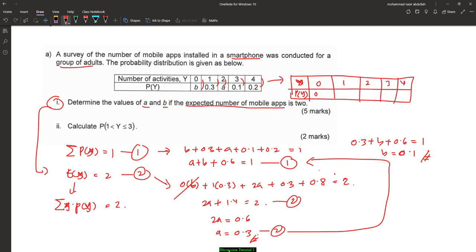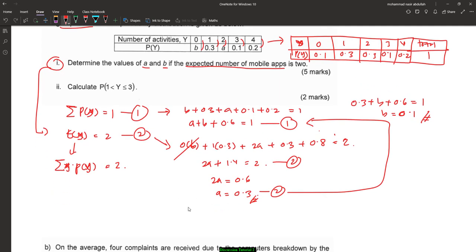So this one 0.1, 0.3, 0.3, 0.1, 0.2. And you need to calculate the total to be sure. So check again whether your A and B are correct or not. So 0.1 plus 0.3 plus 0.3 and so on should be equal to 1. The total of all these is equal to 1.